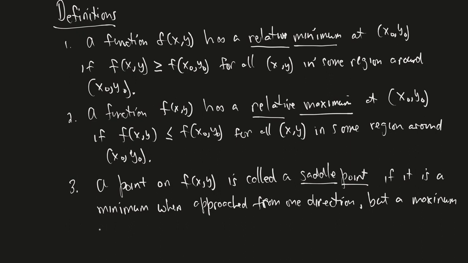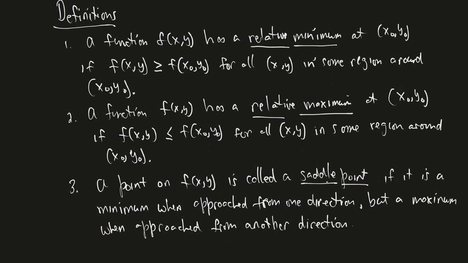So that's why at a saddle point, in one direction the surface would be sloping upwards, and in another direction the surface would be sloping downwards.